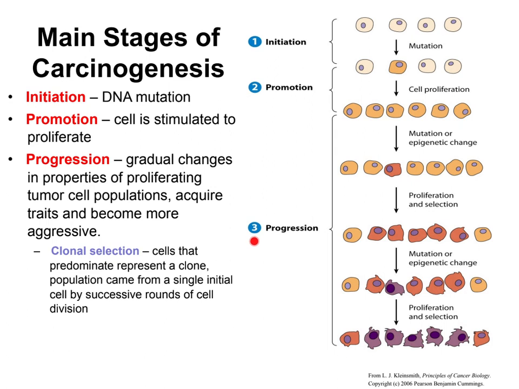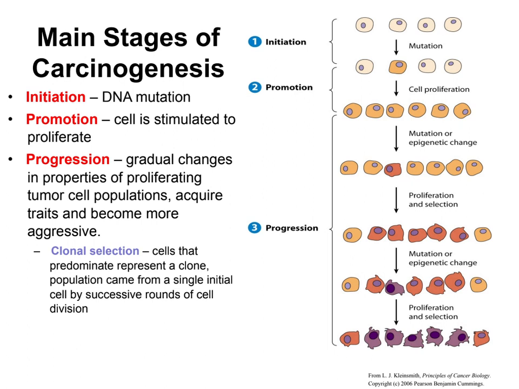Step 3 is progression. So progression is the gradual change in the properties of our tumor cell population. We had mentioned our different clonal populations in a previous chapter, where we can have a mass of cells growing that start to undergo different mutations or genetic changes, or epigenetic changes, I meant to say, and that can lead to different populations of cells being present. And so here we have 3 colors of cells being represented.